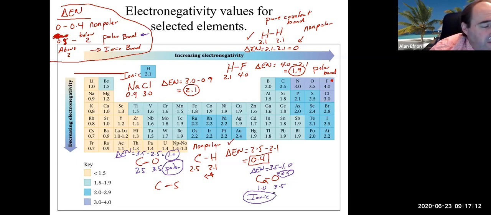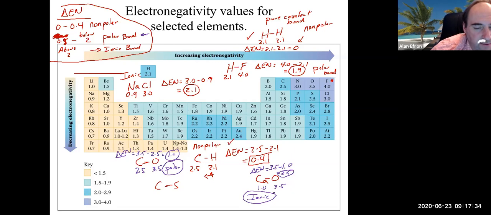As I mentioned earlier, you really don't even need the values for electronegativity to determine that. As soon as you see calcium's a metal and oxygen's a non-metal, it is a pretty safe bet it's an ionic bond. So you don't even need it for ionic bonds, but they do have the scale there.